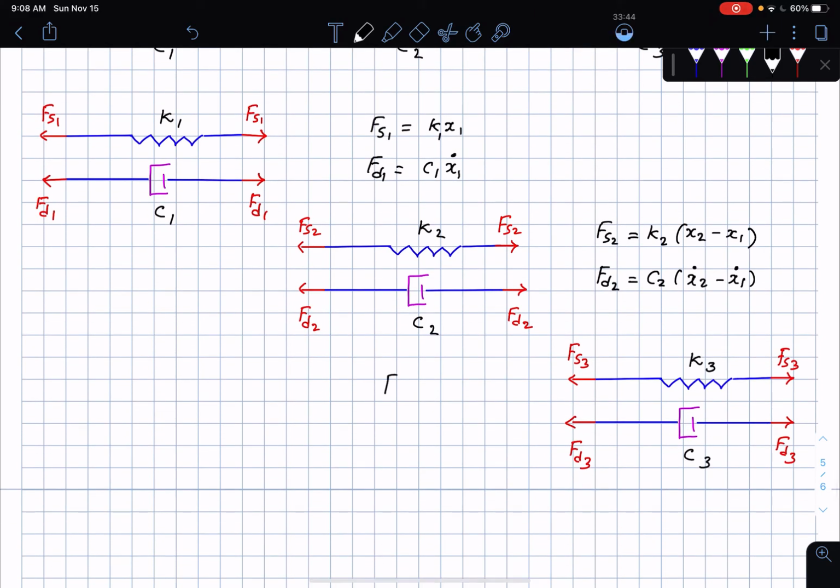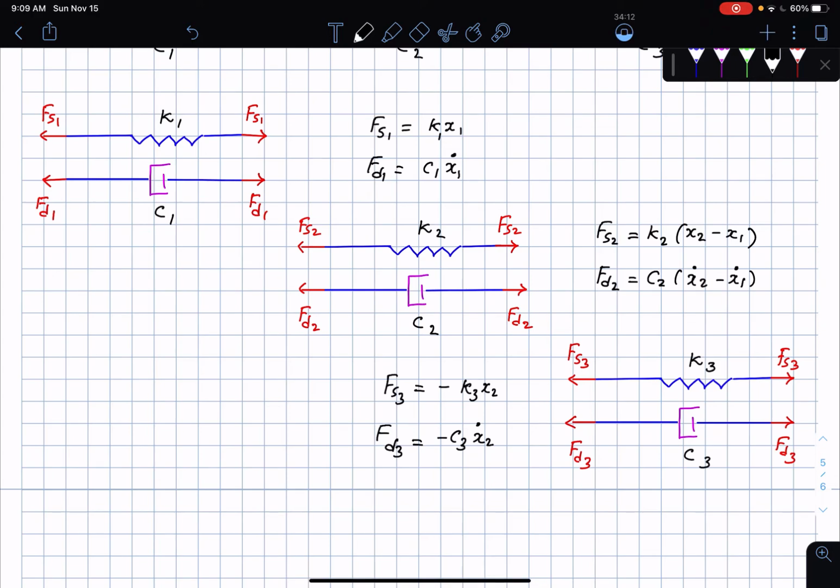And the last one is Fs3, which is going to be, watch this, minus k3. That's something you want to be very careful about. This is because the force is pointing this way, so this is going to be minus k3 times x2, and likewise Fd3 is going to be minus c3 times x2 dot.